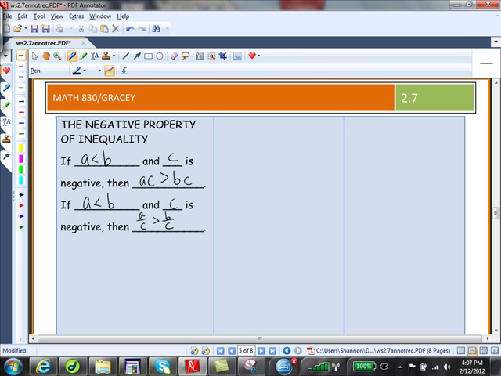When you multiply or divide by a negative and you're dealing with an inequality, you need to pay for that by flipping the inequality. Okay?